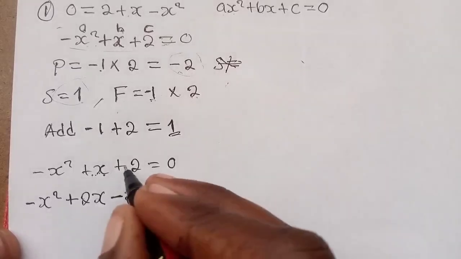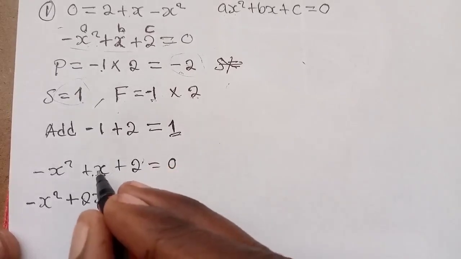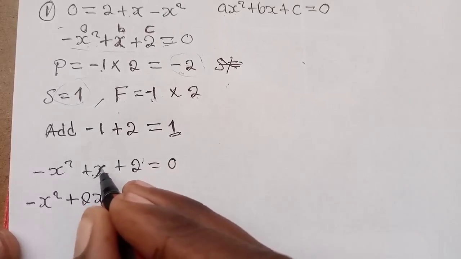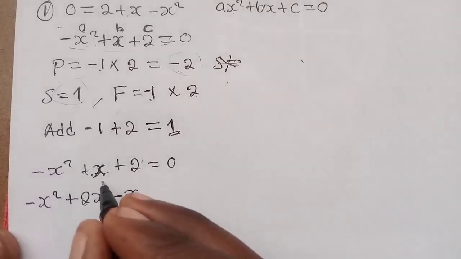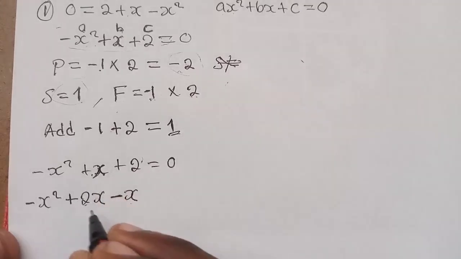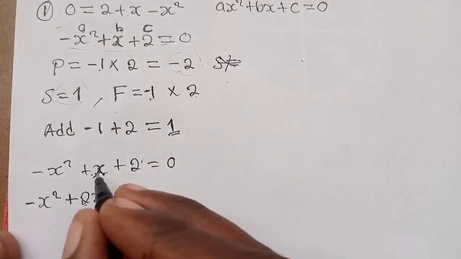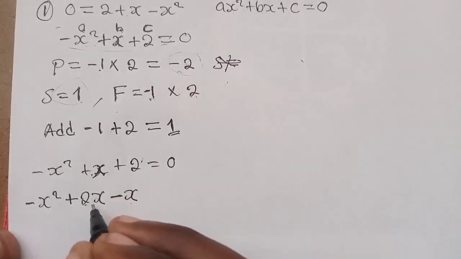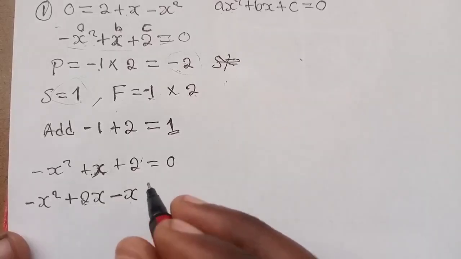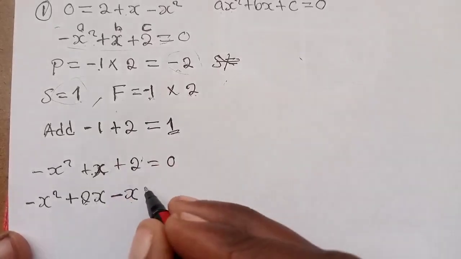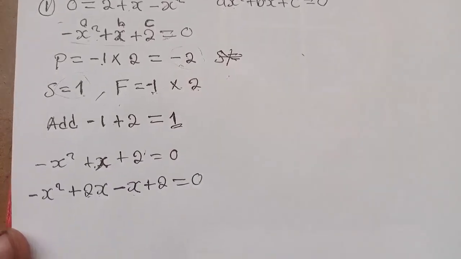So this one has been replaced by these two factors. This is our b; we just replaced our b with the positive 2x and negative x. Then we continue plus 2, then equal to 0.